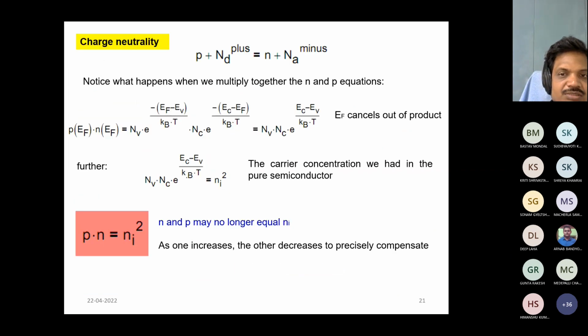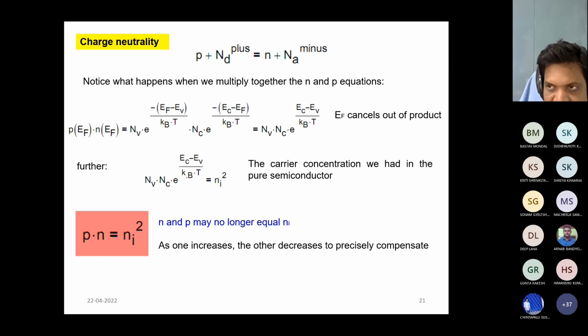So as per the charge neutrality formula, now for an extrinsic semiconductor, what we have seen is that if we add some extrinsic atoms like donor atoms or acceptor atoms, then what will happen? The donor atom will be positively ionized and it will give electrons, and acceptor atoms will accept electrons and be negatively ionized.